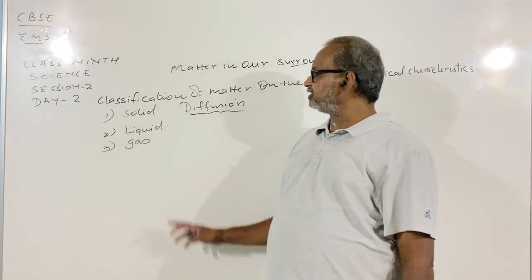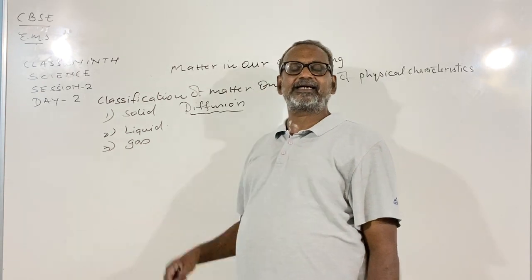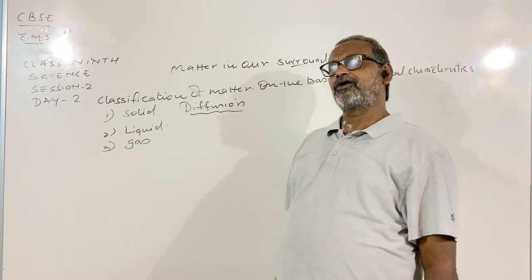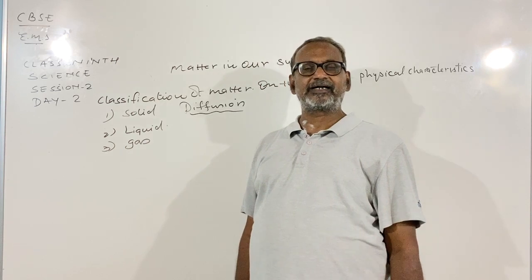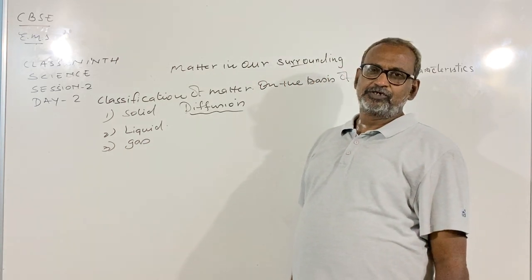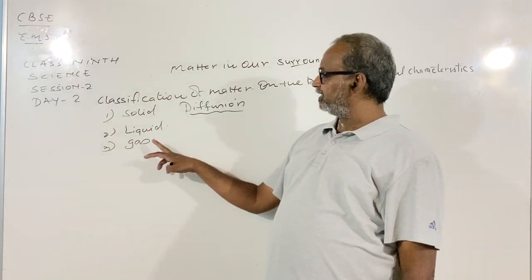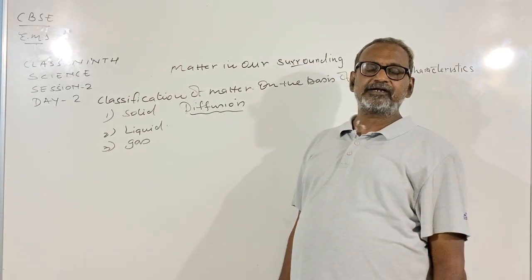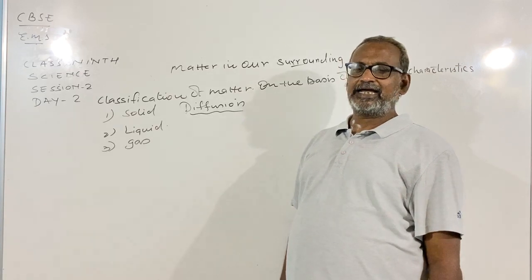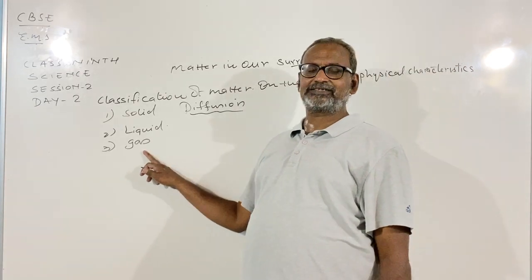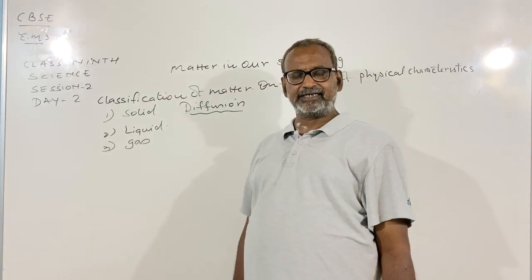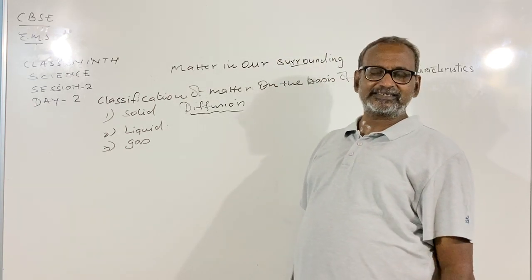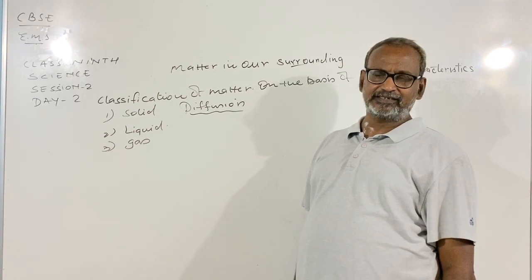Obviously, this phenomenon depends on the kinetic energy of the particles and also on the gaps between the particles. Since in the liquid and gaseous states there are more interparticle spaces, and particularly in gases the particles have more kinetic energy, they readily diffuse, बहुत आसानी से जल्दी से डिफ्यूज हो जाती हैं.